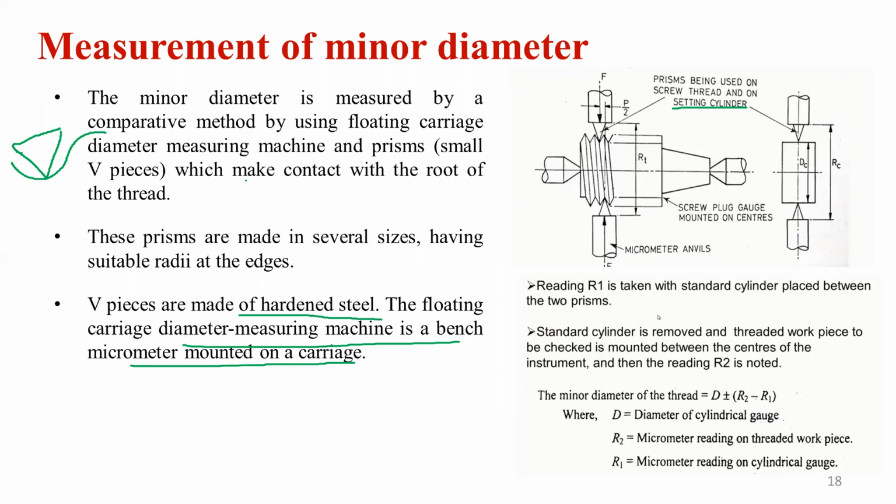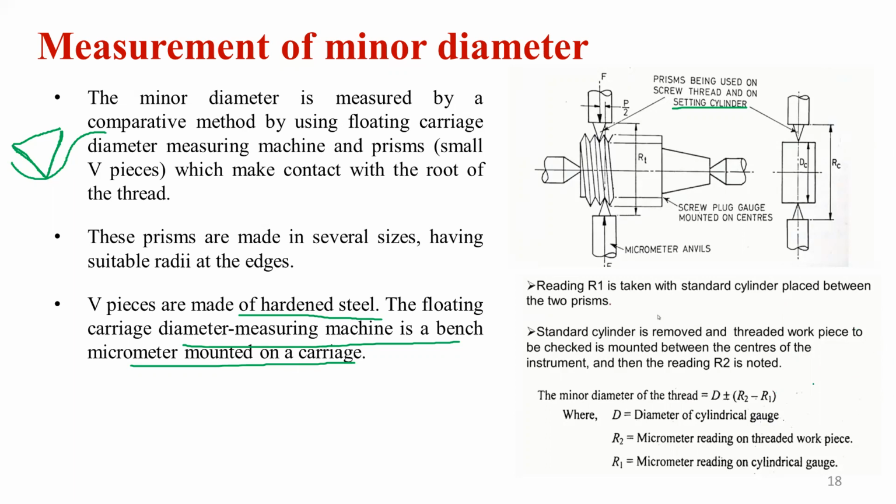The bottom end of the prism is sharp. It should contact the root of the thread, and the flanks of the thread should not contact the sides of the prism. So we have to take care and select the size of the prisms in such a way.